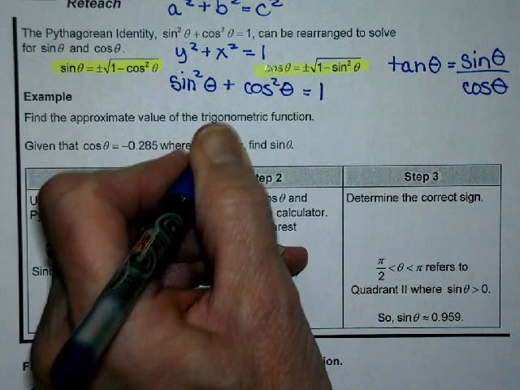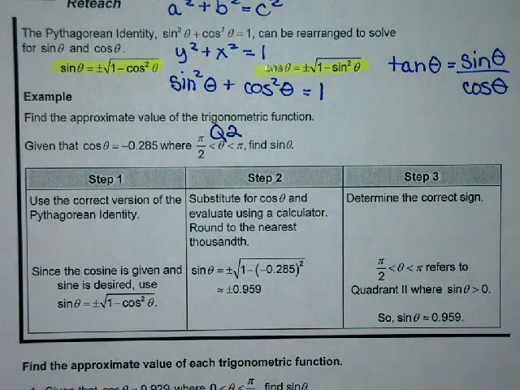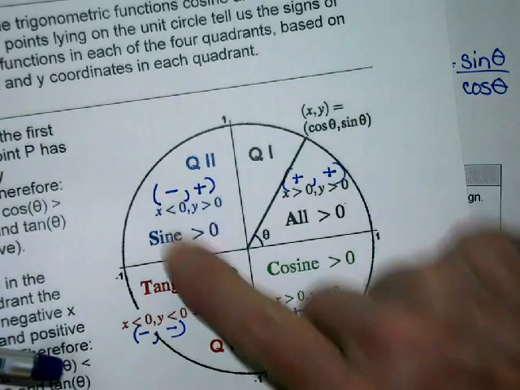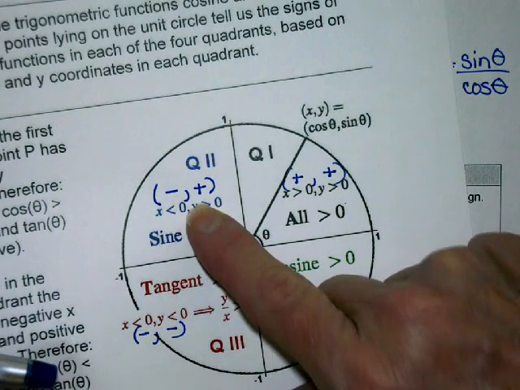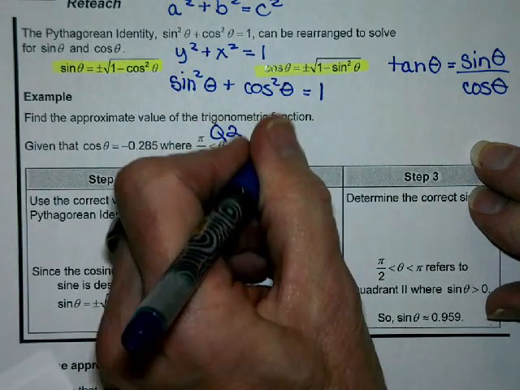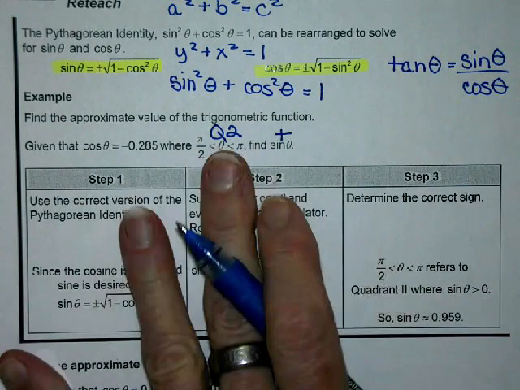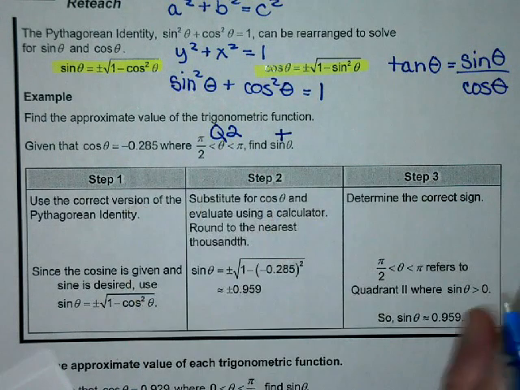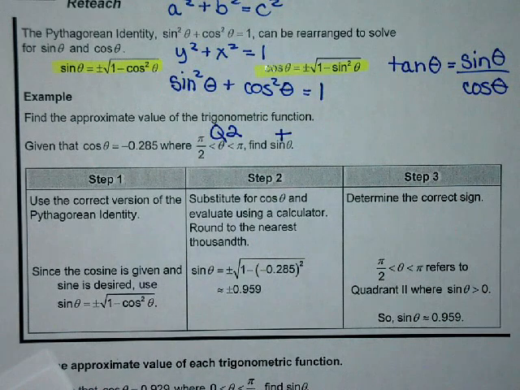So I can put a Roman numeral 2 or a Q2, whatever I want to do. I'm just going to put quadrant 2 there. And so I look here, I need to find the sine function, and the sine in quadrant 2 is positive. So my answer is going to come out positive. So that's my little shorthand to keep me in the game.